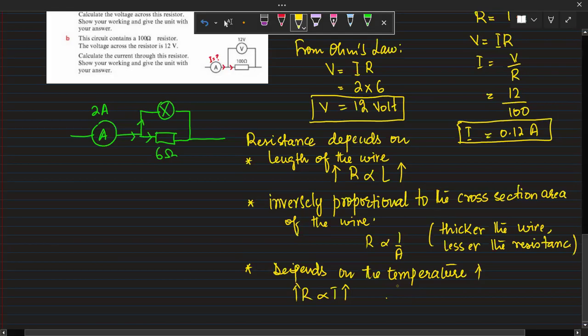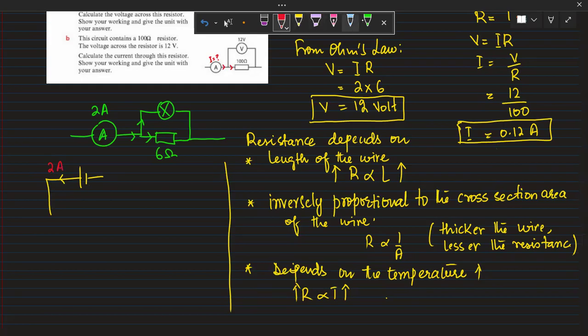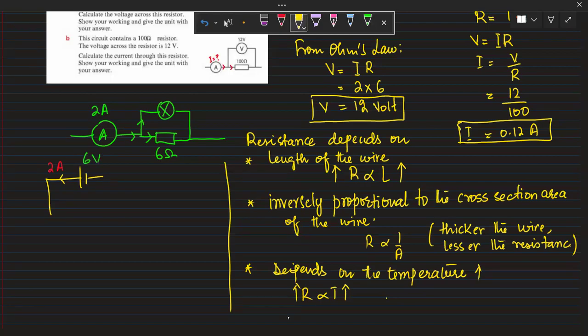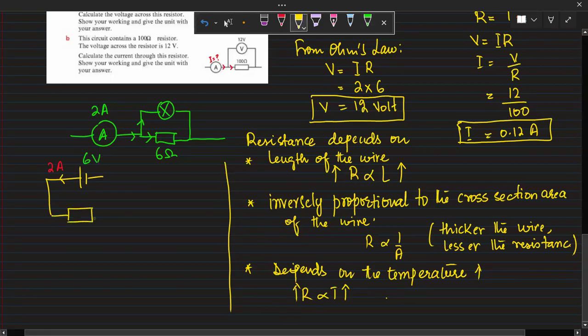Right? And the next thing you have to remember while doing the calculation: I have the current, let's say 2 ampere, and the total voltage of the cell is 6 volt, and two resistors are connected. This box represents the resistance, right? So R1 and R2.